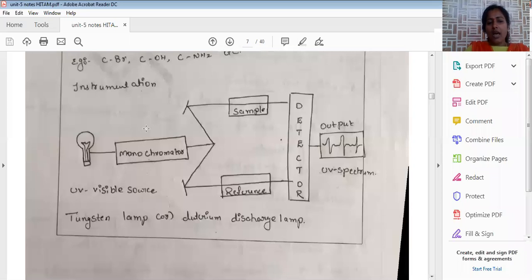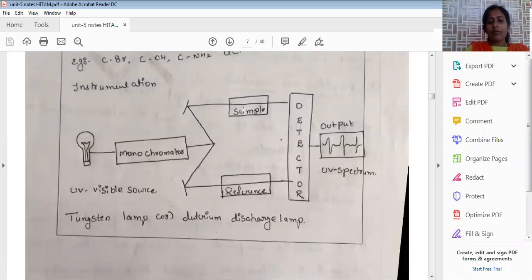When a polarizer or Nicol prism is there, light moves in only one direction, that is called monochromatic light. This monochromatic light is then divided into two beams and reflected through mirrors, which are used to intensify the light.